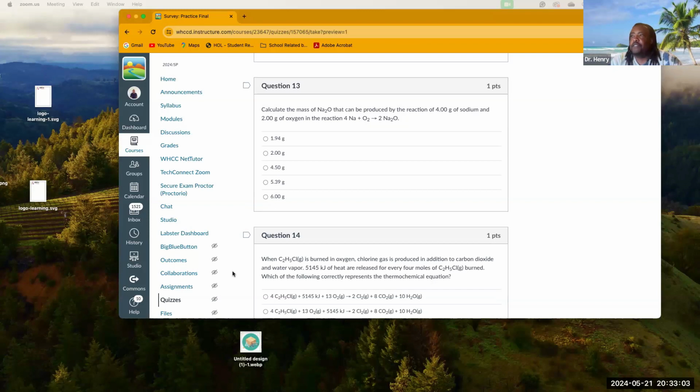Calculate the mass of sodium oxide that can be produced by the reaction of 4.00 grams of sodium and 2.00 grams of oxygen.